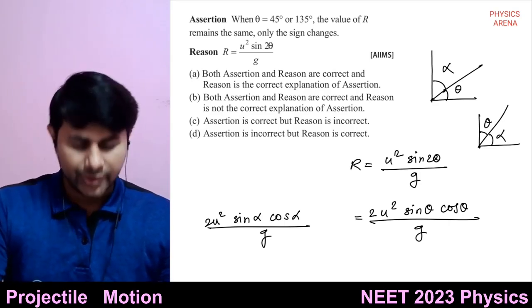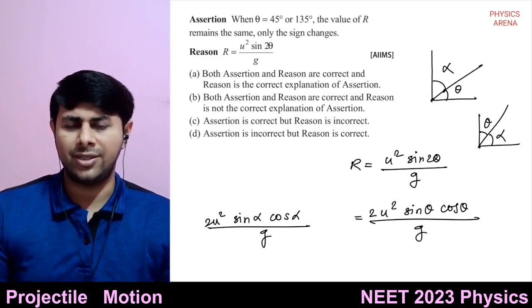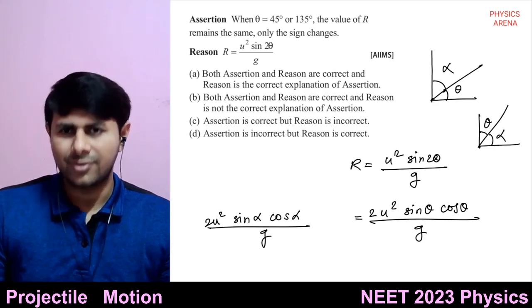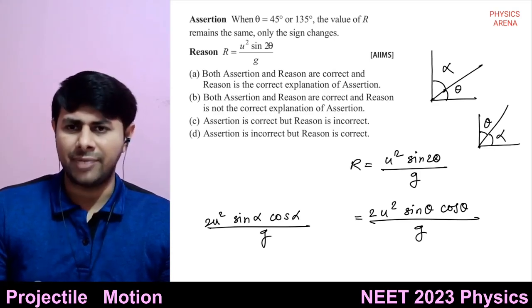Because sine of 90 minus theta is how much? Cos theta. And what is cos of 90 minus theta?